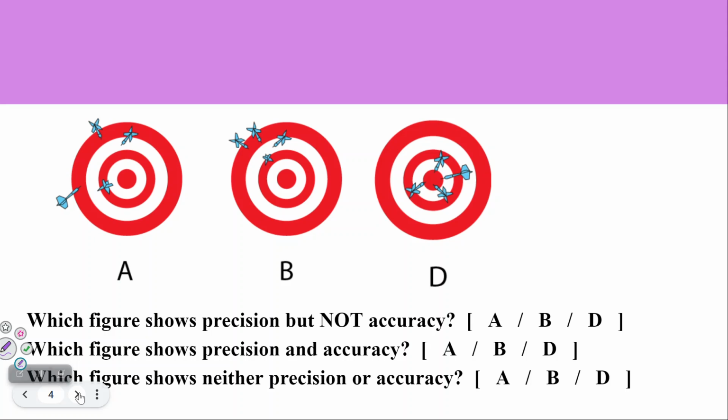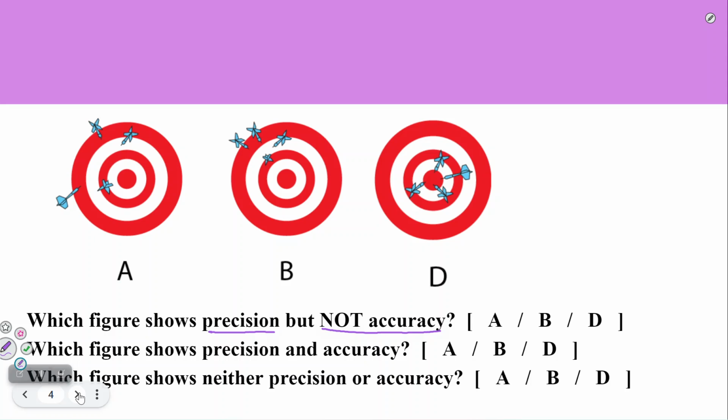Accuracy is the closeness of those measurements to an accepted or real value. So think about it for a moment. Which figure shows precision but not accuracy? We're looking for close together, but not close to the accepted value.